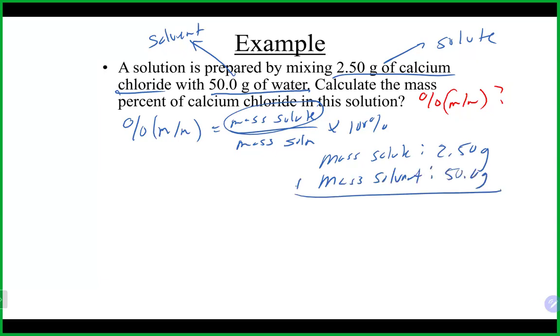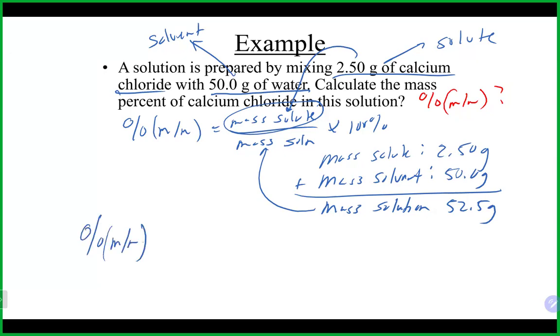Remember that we do need to add those together to get the correct number for our solution, which would be 52.5 grams. That again is what we want to use, along with our 2.5 on top. So now that we have everything we need, percent mass to mass is 2.5 grams divided by 52.5 grams times 100%.